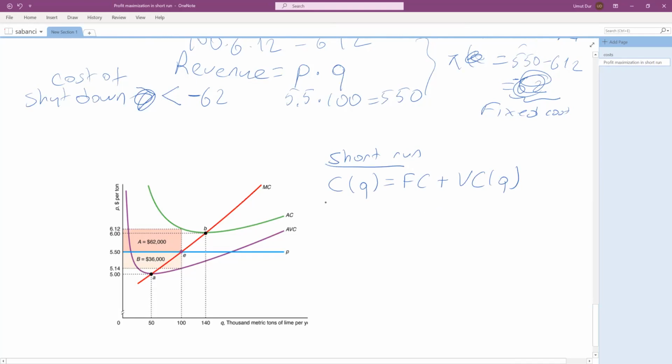So the cost function will be basically giving us what is the cost of producing some amount. So how I find the optimum amount, if I continue production, is basically equalizing the marginal cost to the price.